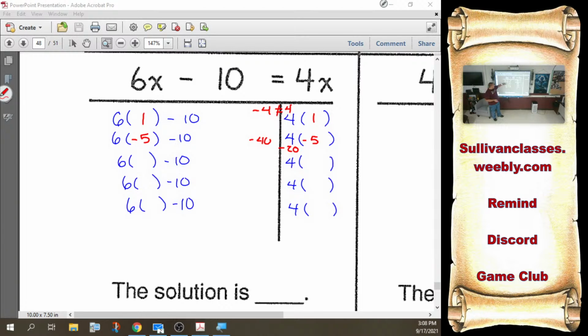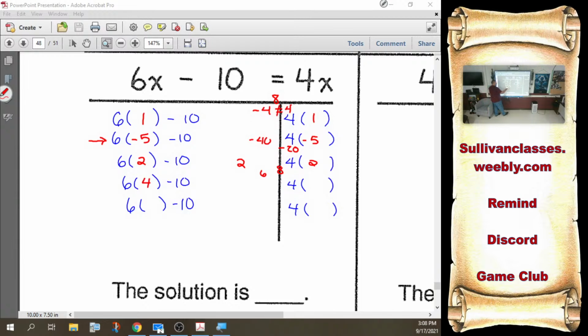So if putting in a 1 was not as far off as putting in a negative 5, that tells me this is going in the wrong direction. I need to go the other direction. So try 2. 12 minus 10 is 2. 4 times 2 is 8. Now instead of being 8 apart, they're 6 apart. I'm headed in the right direction.